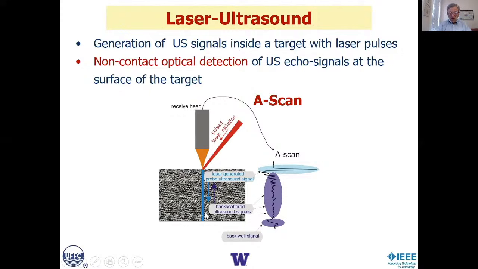Then reflections, backscattered ultrasound signals, come back to the surface, and those vibrations at the surface can be detected optically using an interferometer. And this type of system has been around now for several decades to use ultrasound in a non-contact fashion, and it's used in non-destructive testing and some other in aerospace and transportation industries.